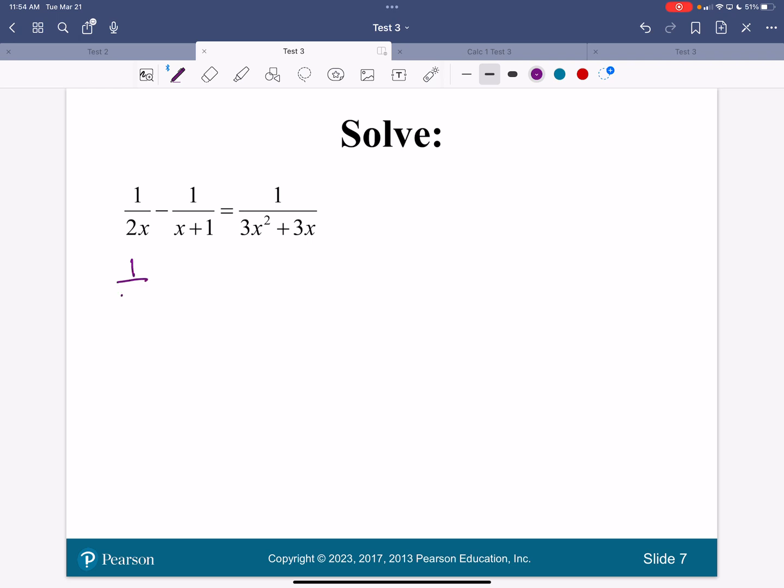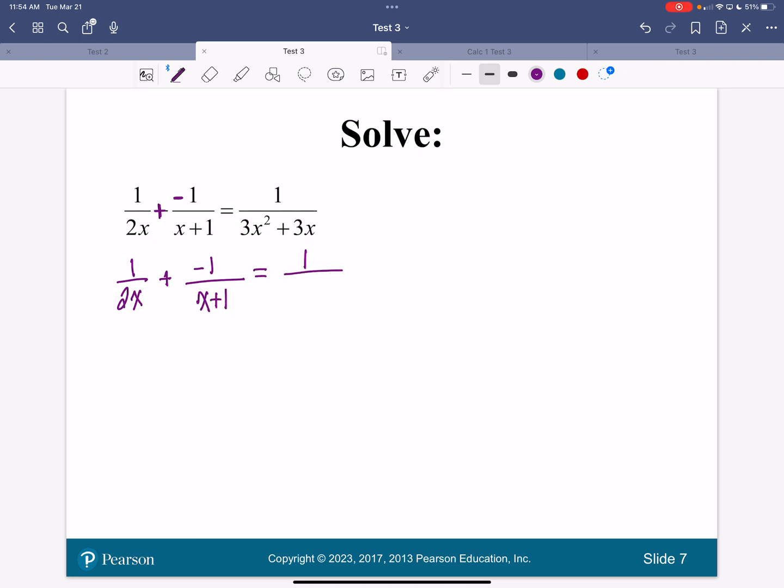That's just 2 times x. As I'm doing a rewrite, I see this minus right here. I want to change that to a plus and move that to the numerator, so then I'm going to have plus -1. X plus 1 can't factor, so then I've got x plus 1.